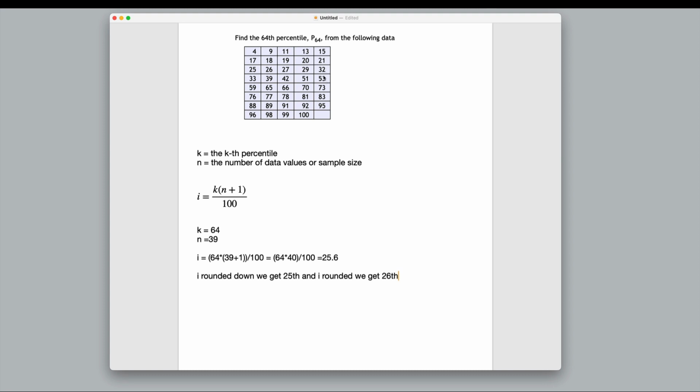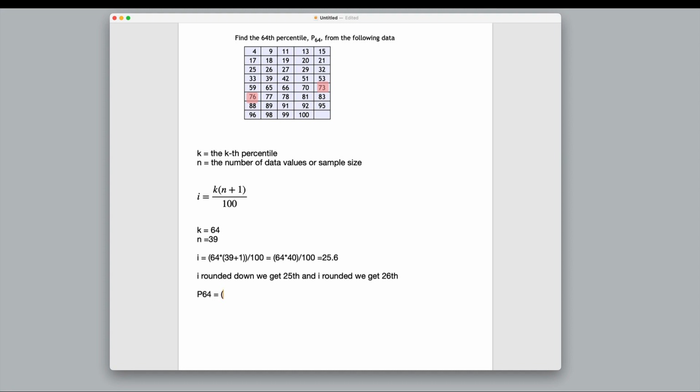So 5, 10, 15, 20, 25th would be here at 73, and then the 26th position would be right here. The values I just highlighted, 73 and 76, are the values at the 25th and 26th positions.